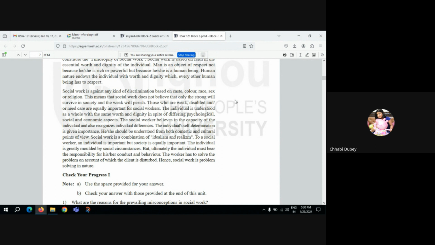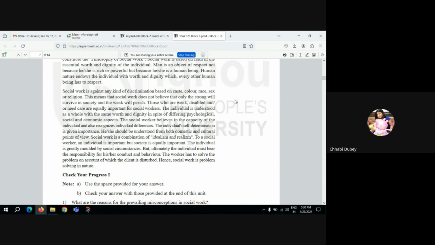Social workers believe in the capacity of the individual, and they also recognize that individuals are different. They have their own self determination. That means they need to take decisions about their life, about what they want to do. They need to have informed choices.